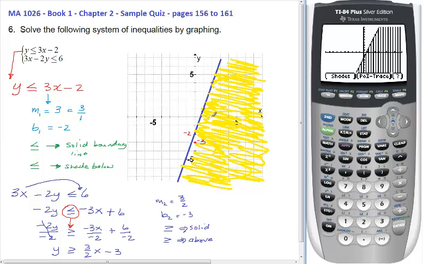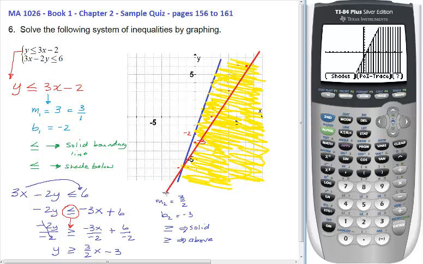Or I go down 3 and run 2 over here. So I'm going to draw a line now through those points, solid again.